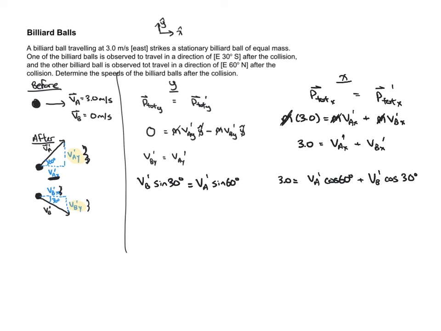It gets quite messy. However, now we're at the stage where we have just two unknowns, VB prime, VA prime. Two unknowns, and we have two equations. It should be solvable, actually.